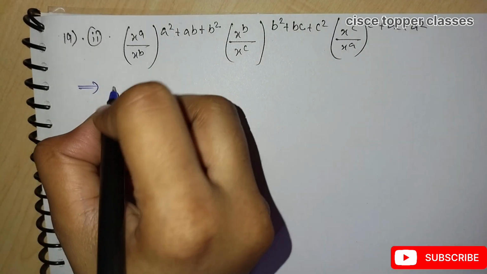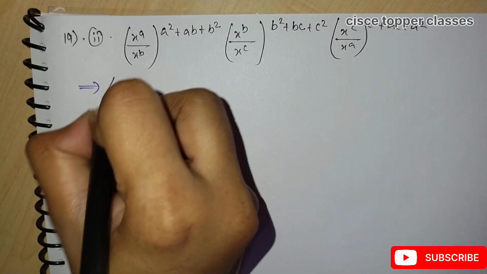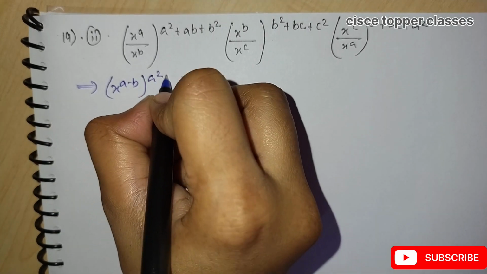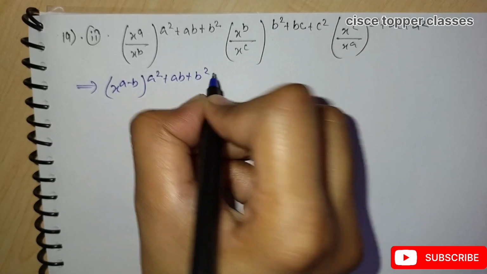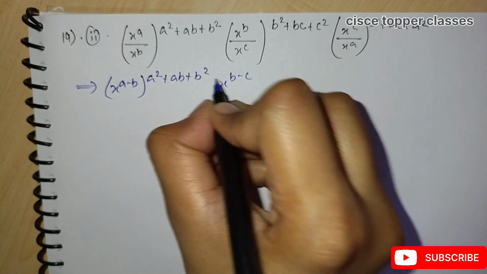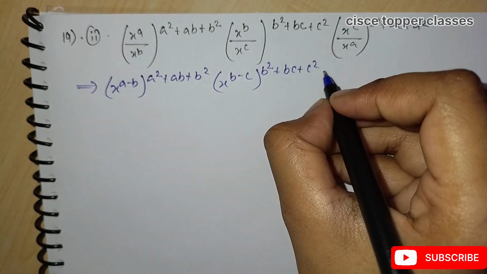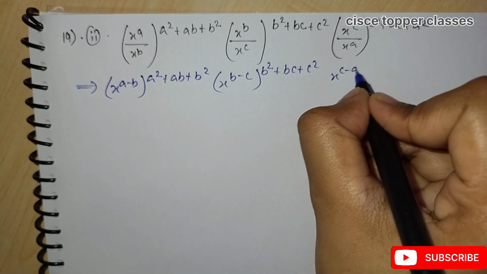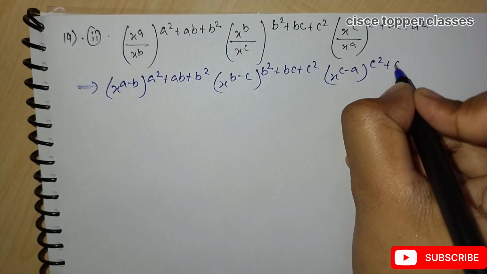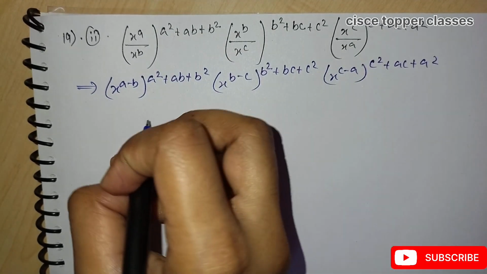We can write it as x^(a−b) the whole power a² + ab + b², x^(b−c) the whole power b² + bc + c², and x^(c−a) the whole power c² + ac + a².